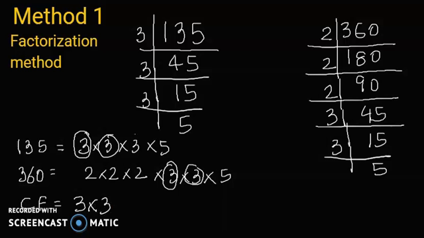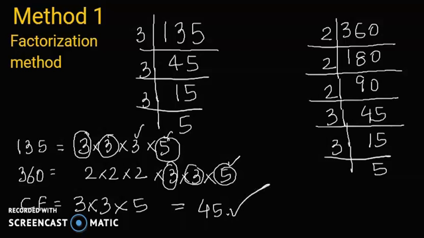And we have one more 3 here, but there is no 3 in the other. So we will not write the next 3, but we have 5 here and 5 here. So we will write 5. So the answer would be 3 times 3 times 5, which is 45. We have found the HCF using the factorization method, and the answer we got is 45.